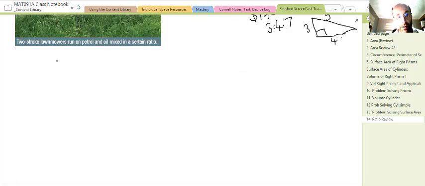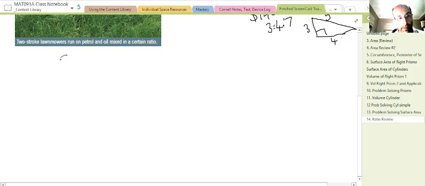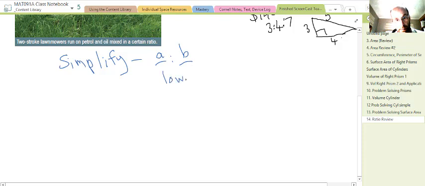Some examples of the things and operations you need to be able to perform with ratios are simplifying various things. So if we look at simplify, that means we write the ratio in a form A is to B, where A and B are the lowest whole number values possible.